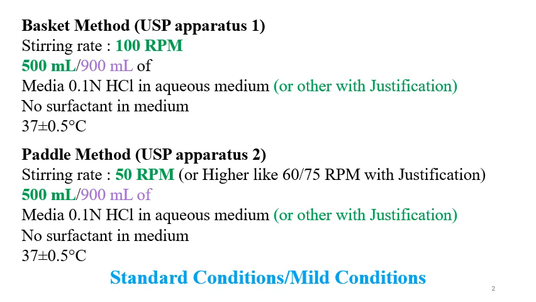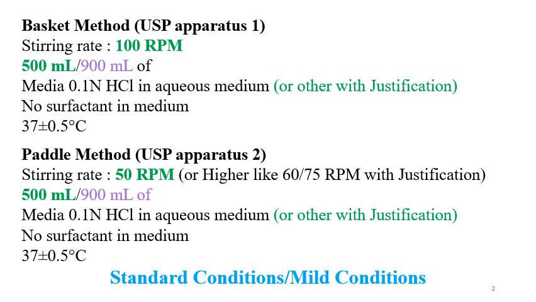If increasing the media volume to 900 ml, then justification will be required, and data will be required for both the media volumes, 500 ml and 900 ml, to justify how 900 ml has an impact on the dissolution, but it can be used.